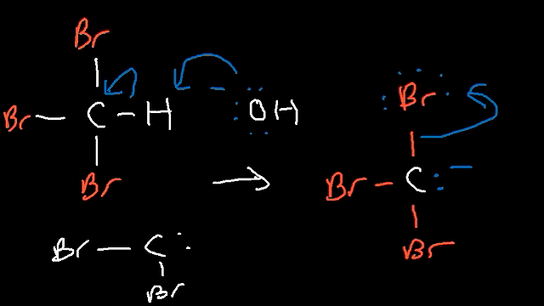In the carbene form, it's neutral. And so by expelling the bromine atom, it loses that negative charge. So this reaction is called an alpha elimination reaction because we remove the hydrogen and the bromine on the same carbon, the alpha carbon.